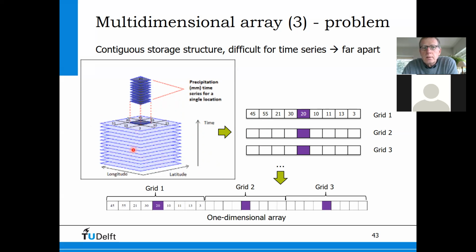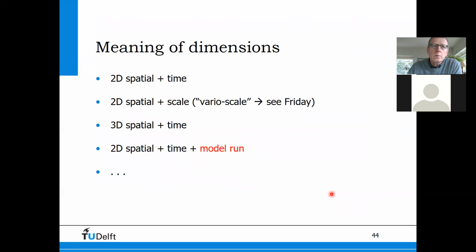And if this 3D data cube is stored in the computer memory, it will actually become a 1-dimensional kind of mapping. And if you now look at this column that we want in these different grids, 1, 2, 3, 4, from different times, they are really stored far apart. And when we start reading, that takes a lot of time. And that was the reason why the company Hydrologic asked us, okay, do you have a master student that wants to investigate this topic? Can it not be better?